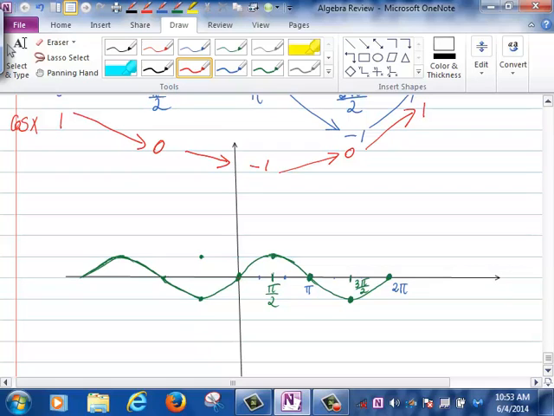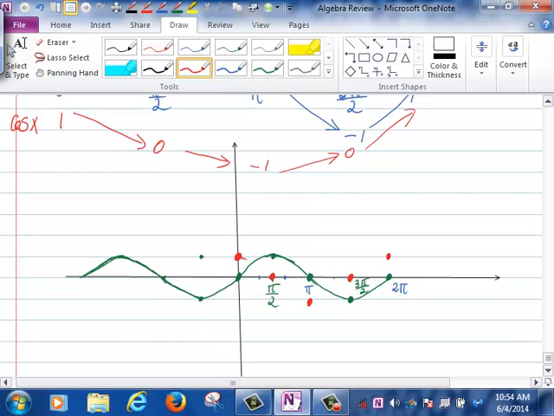So cosine 0 is what? Cosine 0 is 1, this red dot. And cosine of pi over 2? 0. And cosine of pi? Cosine of pi is negative 1. Cosine of 3 pi over 2? 0. Cosine of 2 pi? 1, right?